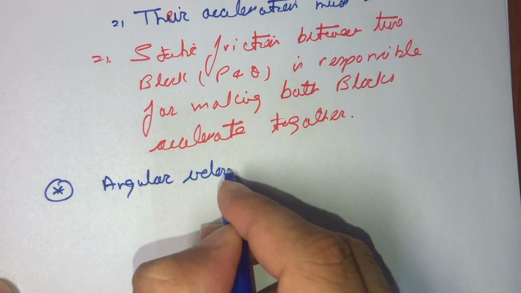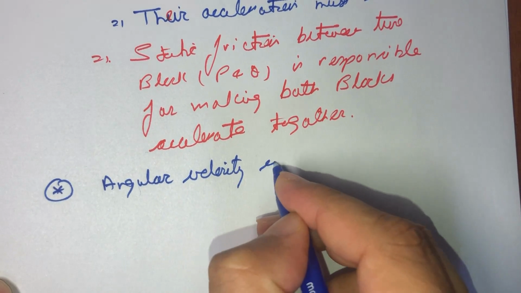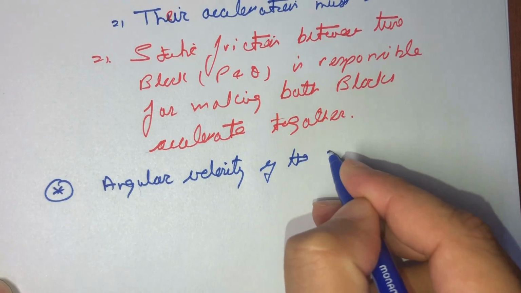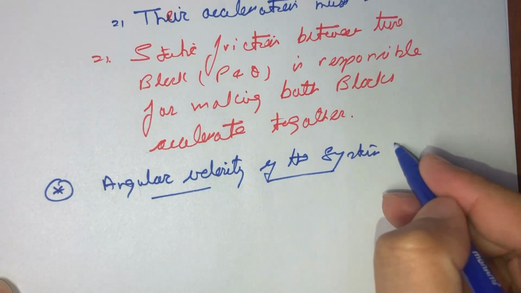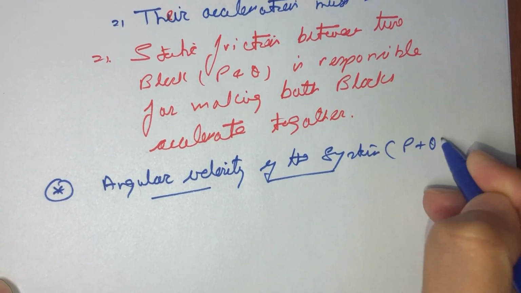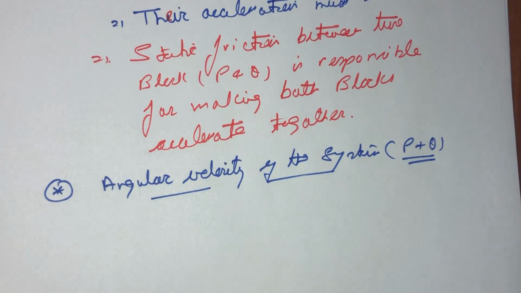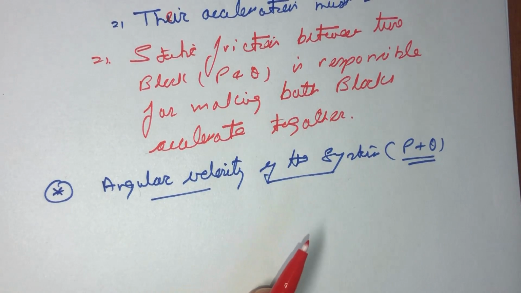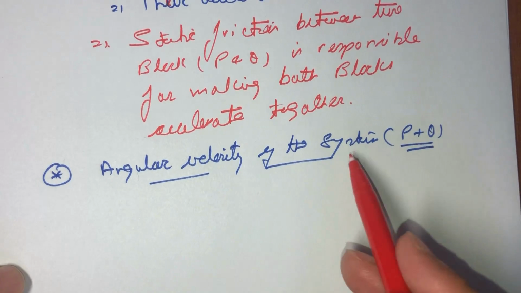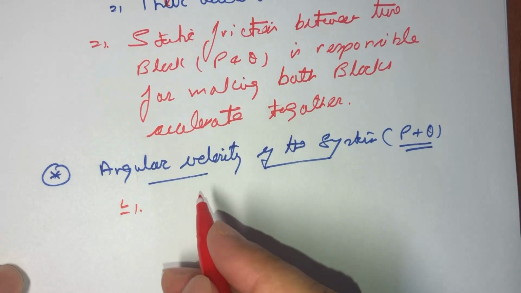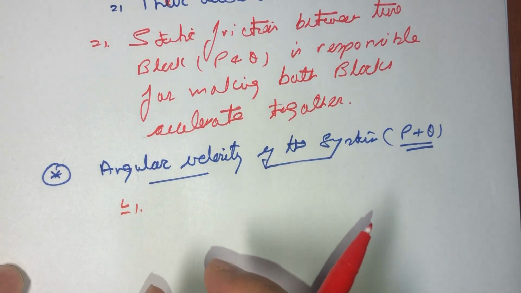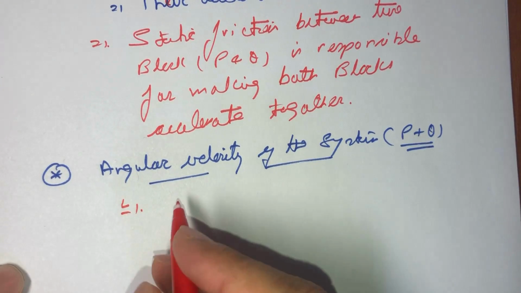Angular velocity of the system. The system means P plus Q. Now the system is P plus Q. It means that both P and Q are going to behave as one block.